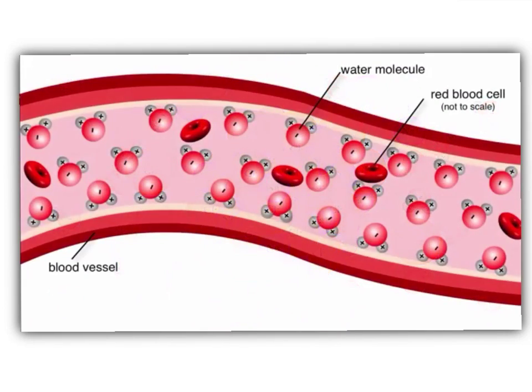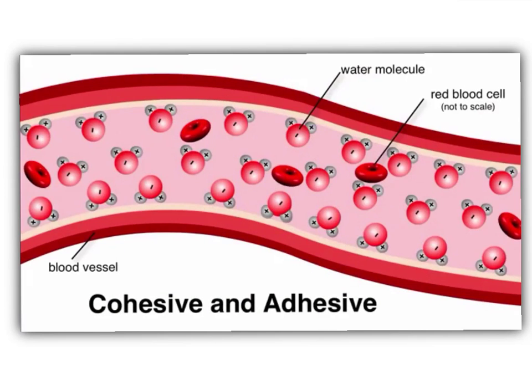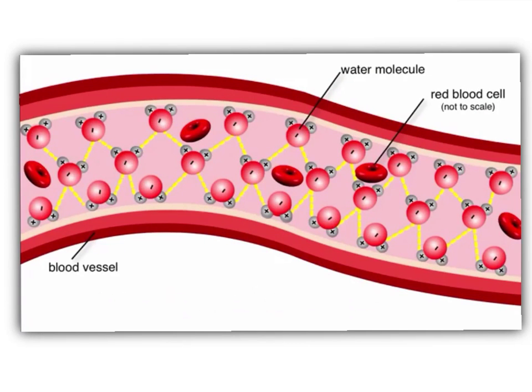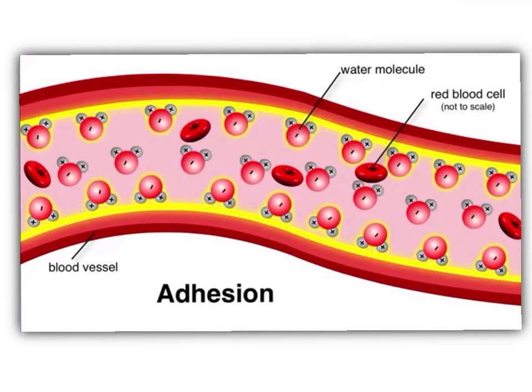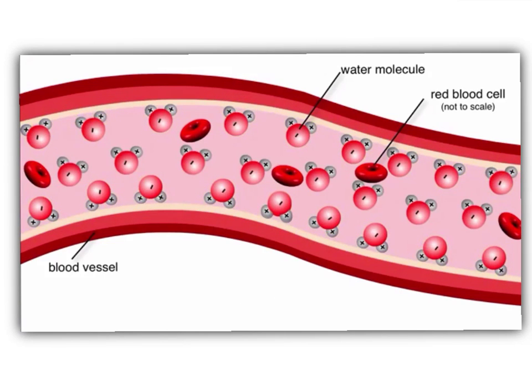Water molecules are also cohesive and adhesive. The hydrogen bonds in water cause water molecules to stick together, a property known as cohesion. Polar bonds also give molecules an adhesive property, or the ability to cling to other polar surfaces. Why is this important? Well, water fills the internal transport systems of plants and animals.